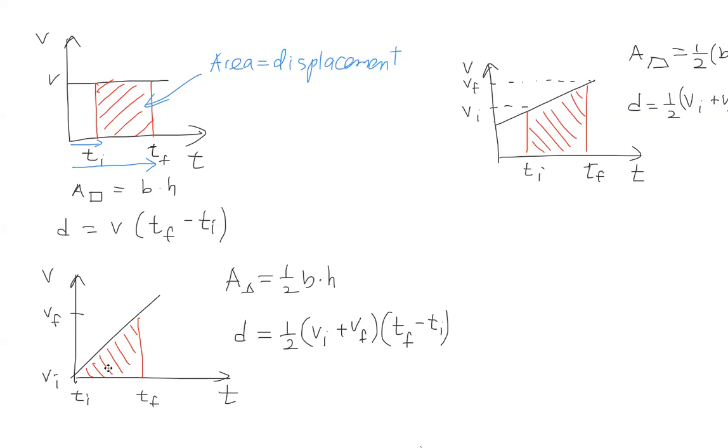So if I take this shape and cut it in the middle, and take this triangle and put it here, I'll end up with the average for the height times the base.